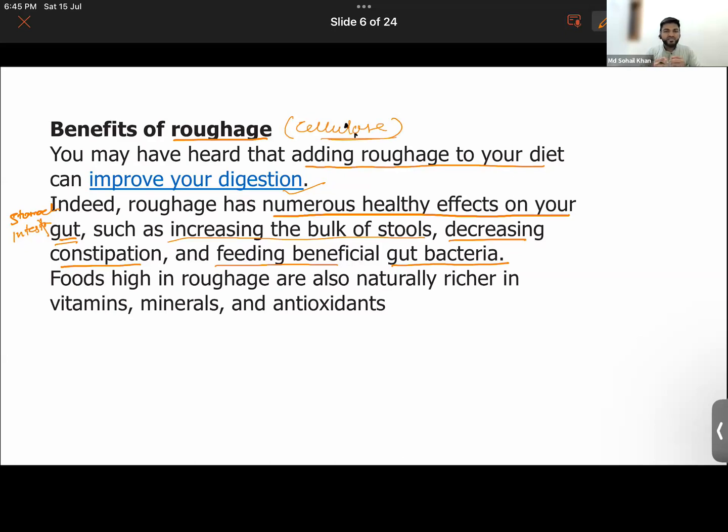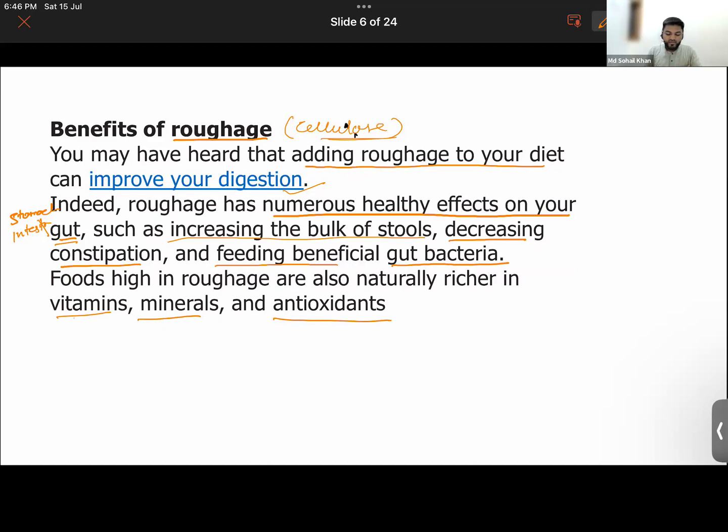The bacteria present in our gut basically eat the cellulose. Apart from that, roughage has numerous benefits, like increasing the bulk of the stool and decreasing constipation. And foods which are high in roughage are also naturally richer in vitamins, minerals, and antioxidants.